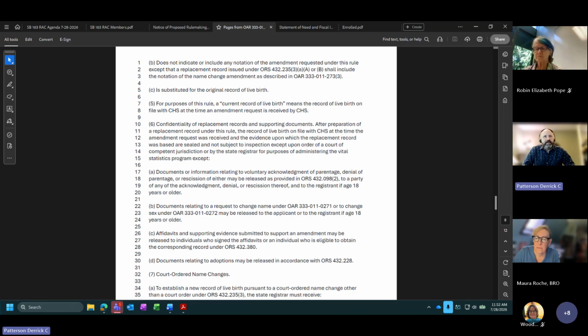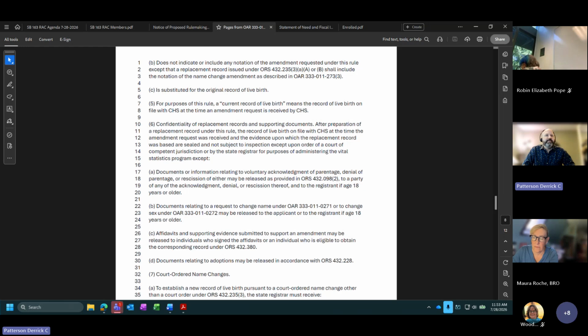B, documents relating to a request to change name under OAR 333-011-0271, or to change sex under OAR 333-011-0272 may be released to the applicant or to the registrant if age 18 years or older.